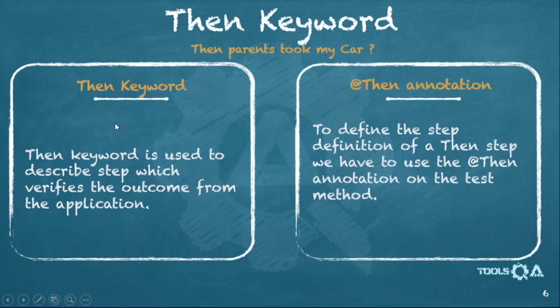To verify something you will use the then keyword. So you will say the then keyword and then the description of the scenario step. We will go into that in a minute, but the slide clearly says that the then keyword is used to describe a step which verifies the outcome from the application. Exactly what we talked about as the third step in our notepad.